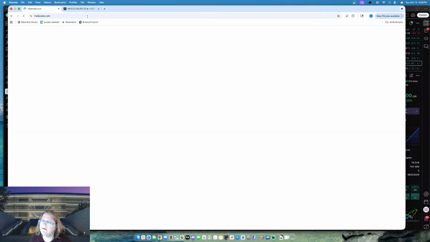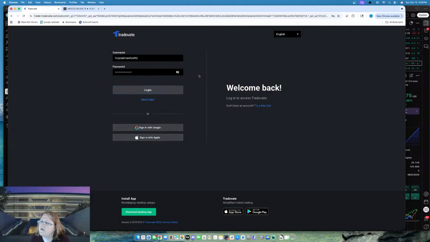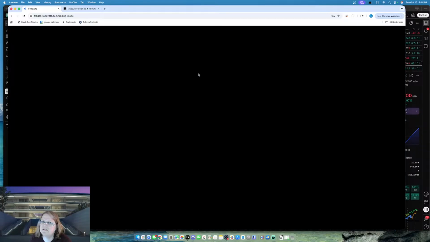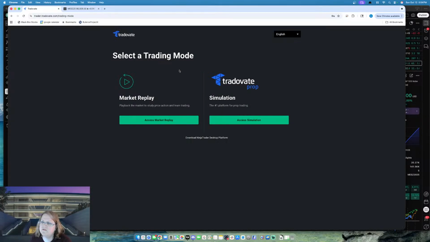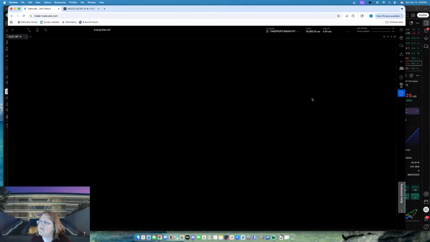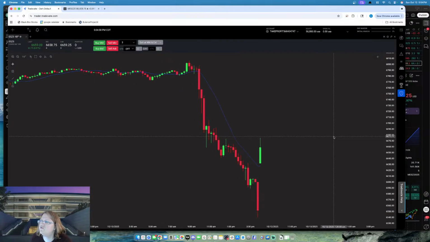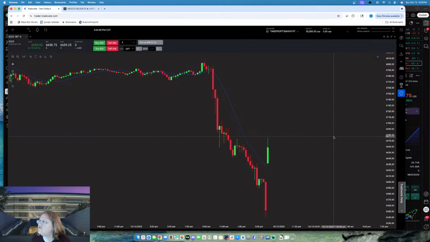I'm so confused because I thought the new... okay, now it's showing Trade prop. But I'm still confused because when I logged in earlier, it still looked the same as Trade. Okay, so I guess the charts are changed, but they don't look any different to me.